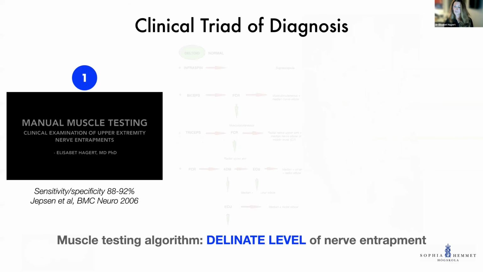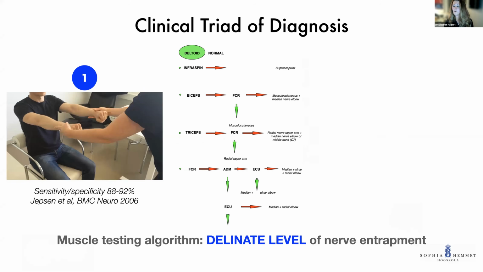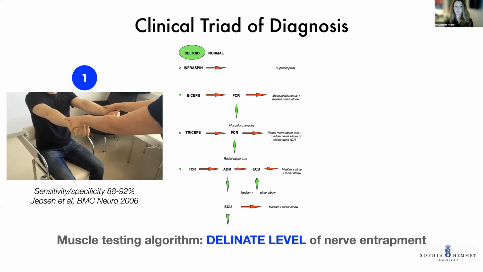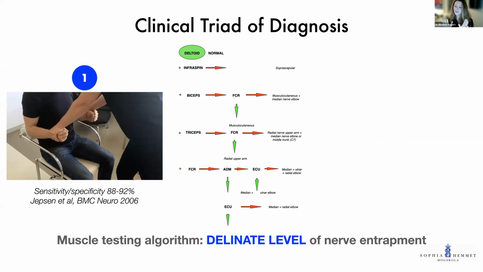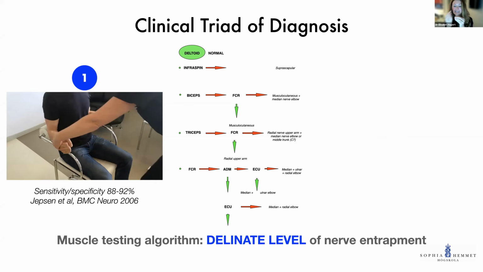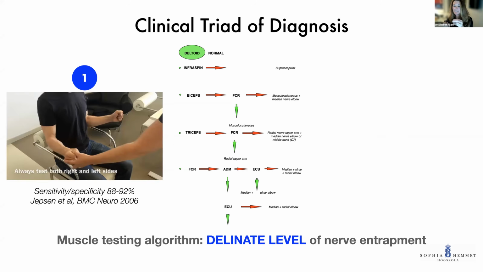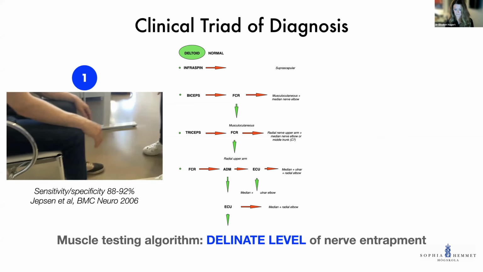So in conclusion, remember the clinical triad of diagnosis. Always start by performing a muscle exam. If you do not find a weakness, fine. The only thing that's happened is that your patient will have seen you as a physician that takes the time to truly examine his or her patient.